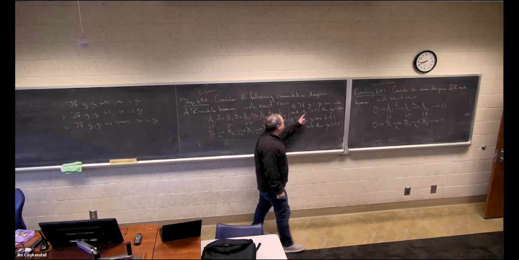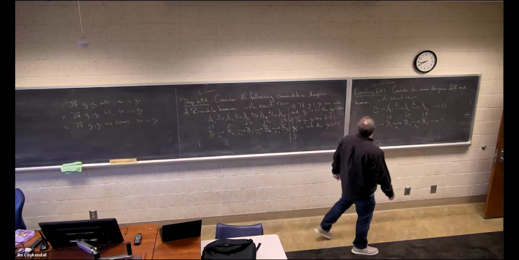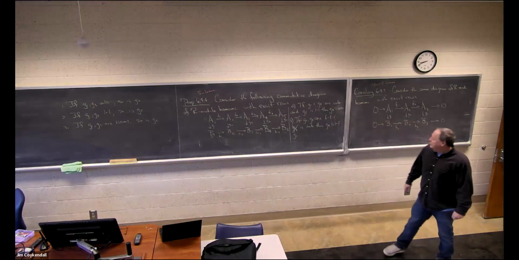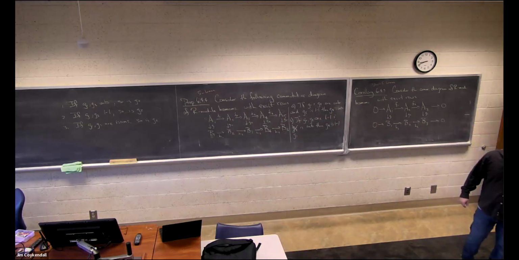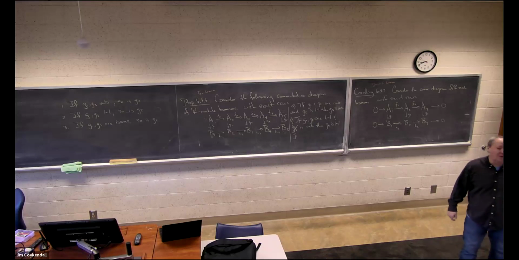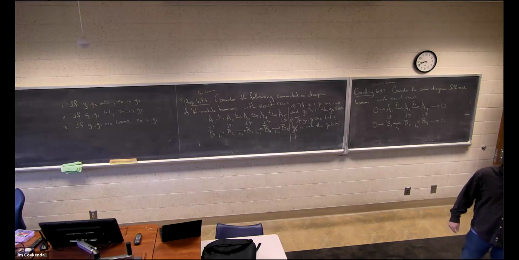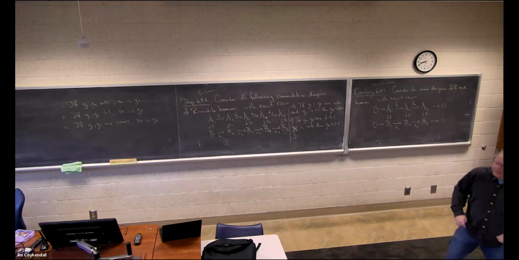So the extra bit that you need, that G5 is 1 to 1 or G1 is onto, is trivially satisfied, because basically it's the identity morphism on the 0 module. So in a very silly way, those extra conditions are satisfied. Everybody okay with that? But of course, we haven't proved the 5 lemma.